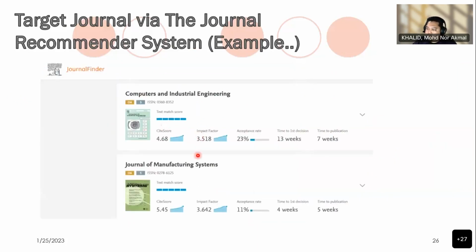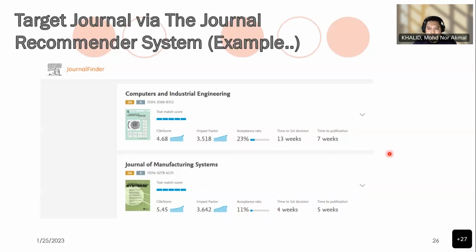Yes, these are Elsevier. Elsevier provides both CiteScore and impact factor now, and they have acceptance rates and time to first decision. They give it in weeks, not days. So this bottom journal might be better in some sense for me, I think, but the acceptance rate is very low, so it's very hard to actually get accepted.